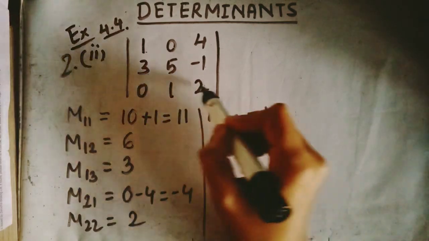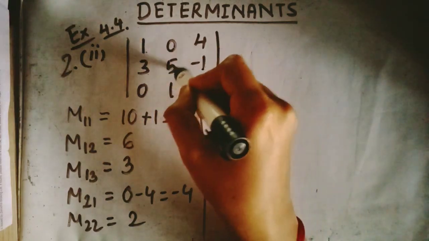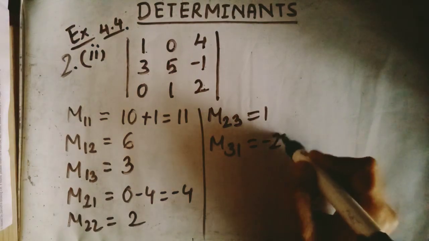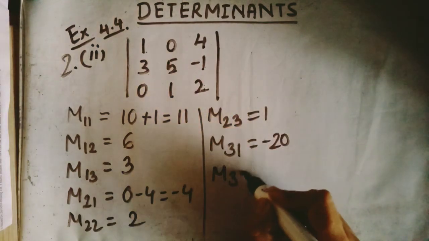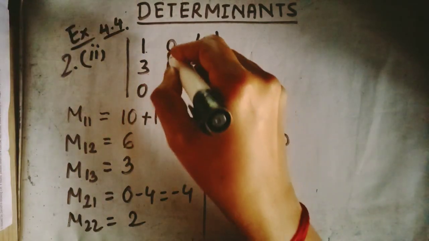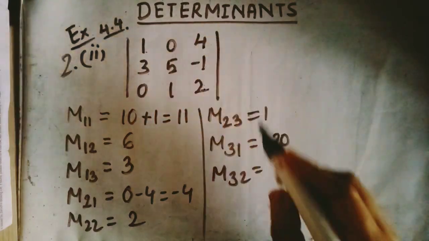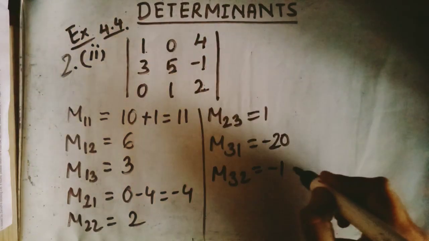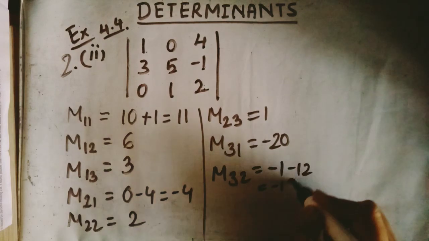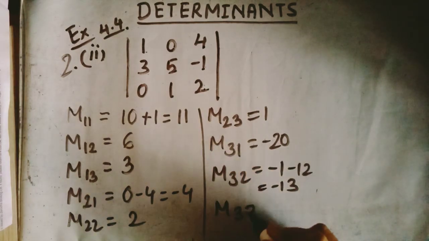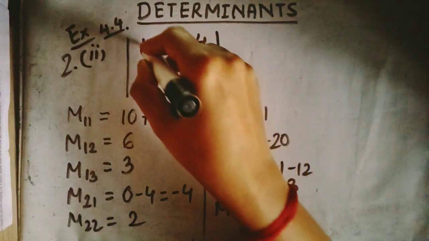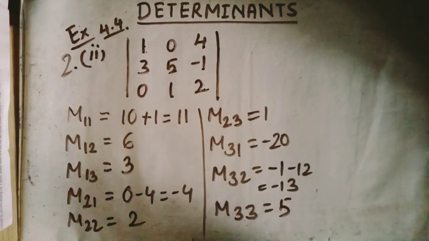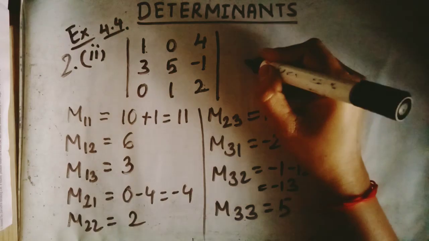M31, so 0, minus 20. M32, minus 1, minus 12, minus 13. And M33, 1 into 5. Okay, so similarly you write down the cofactor matrix.